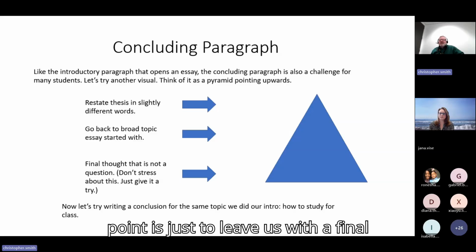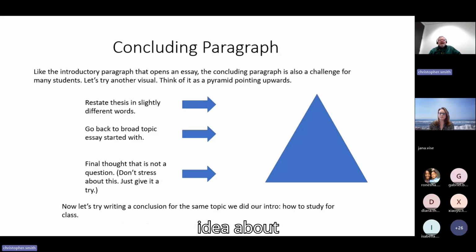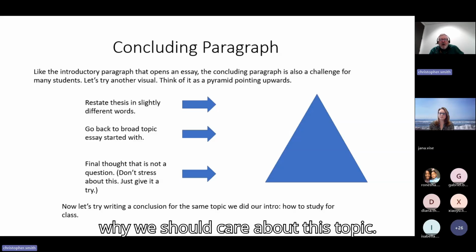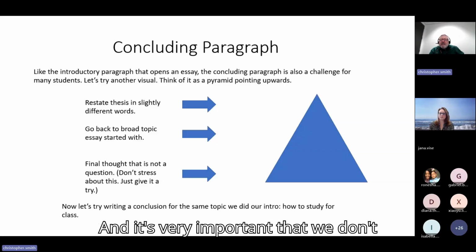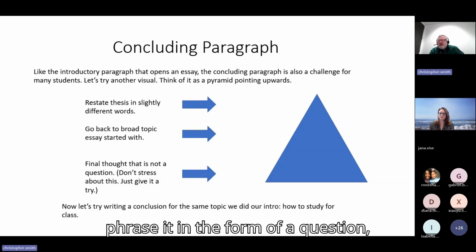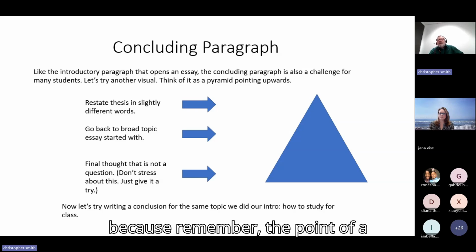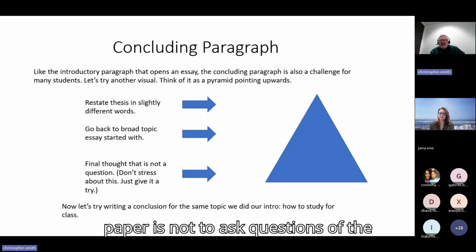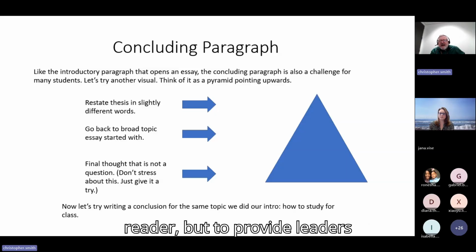The point is just to leave us with a final idea about why we should care about this topic. And it's very important that we don't phrase it in the form of a question, because remember, the point of a paper is not to ask questions of the reader, but to provide readers with answers that we have sought out.